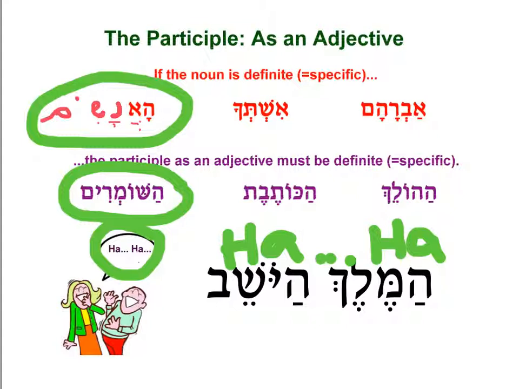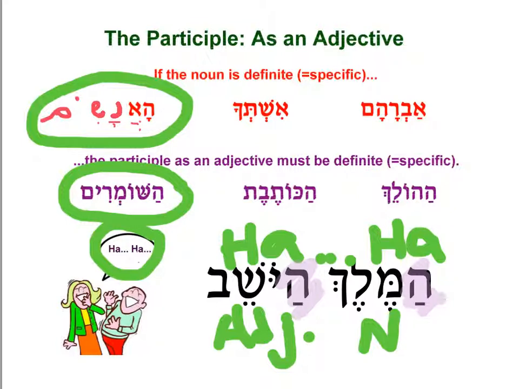In both words that we have here, there's a ha prefix. So I know that the first word is going to be my definite noun, and my second word is going to be my definite adjective. And I know it's a participle because I have my O sound for hayoshev between the yod and the shin. So now we can identify when I'm dealing with a participle functioning as an adjective.